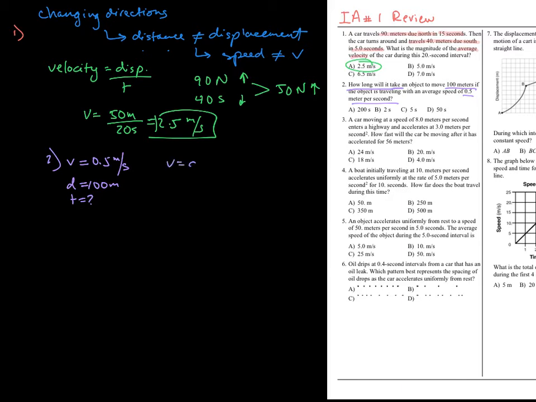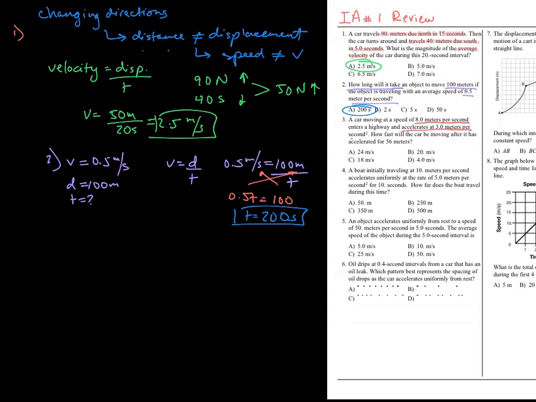So v equals d over t. 0.5 meters per second equals 100 meters over t. Cross multiply, you get 0.5 t equals 100. So t equals 200 seconds. Choice A.